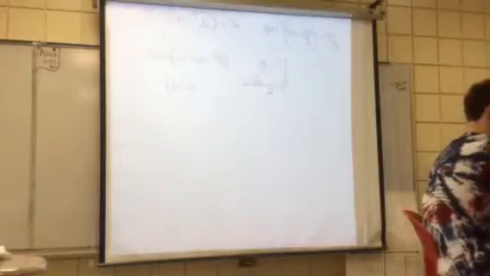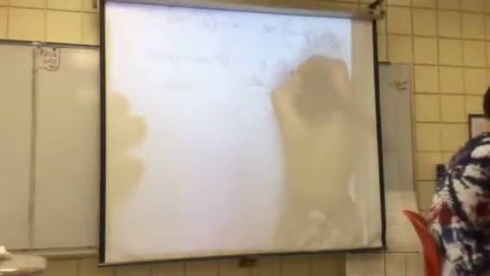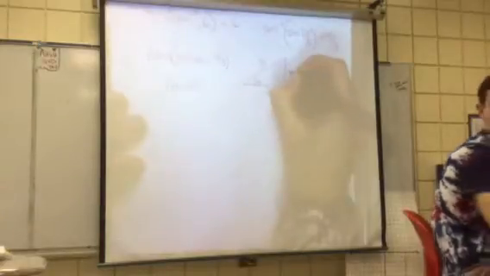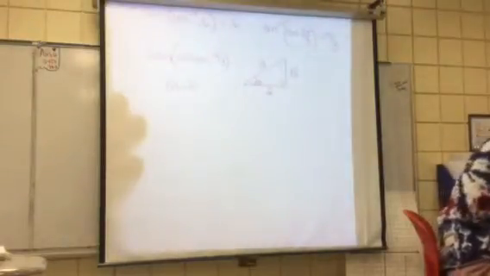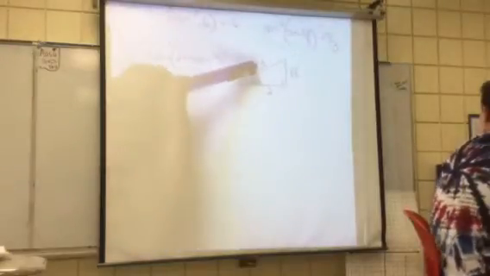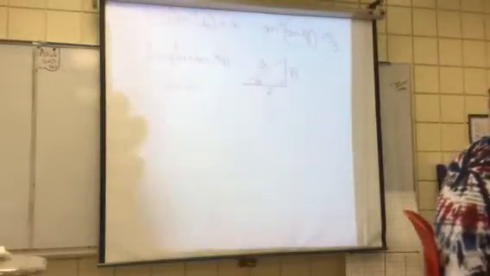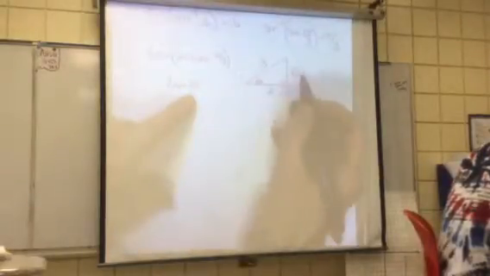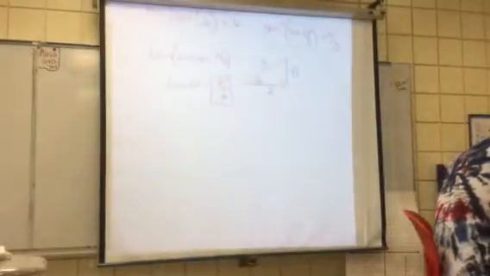Okay, so what's that third side going to be? 3 squared minus 2 squared, and then take the square root, so square root of 5 using the Pythagorean theorem, right? Now you're just going to set up tangent of that angle, which would mean opposite over adjacent: square root of 5 over 2.